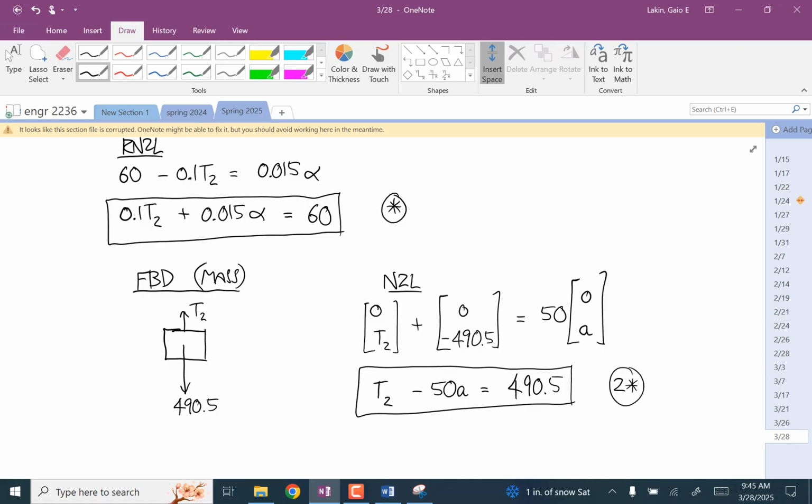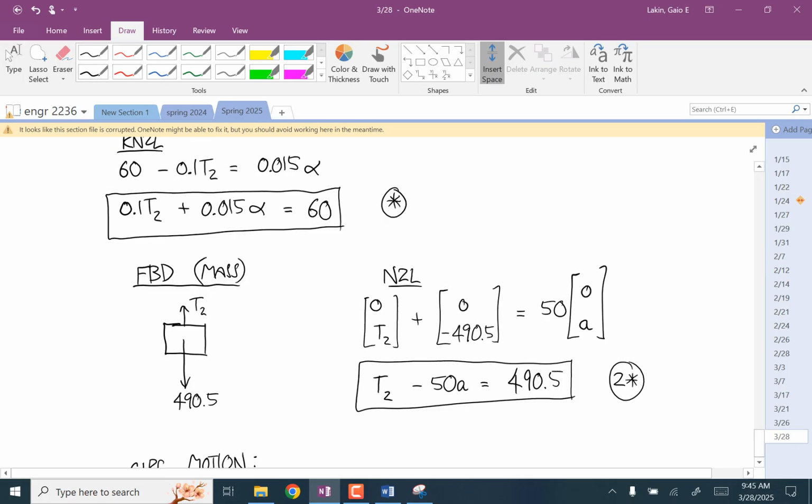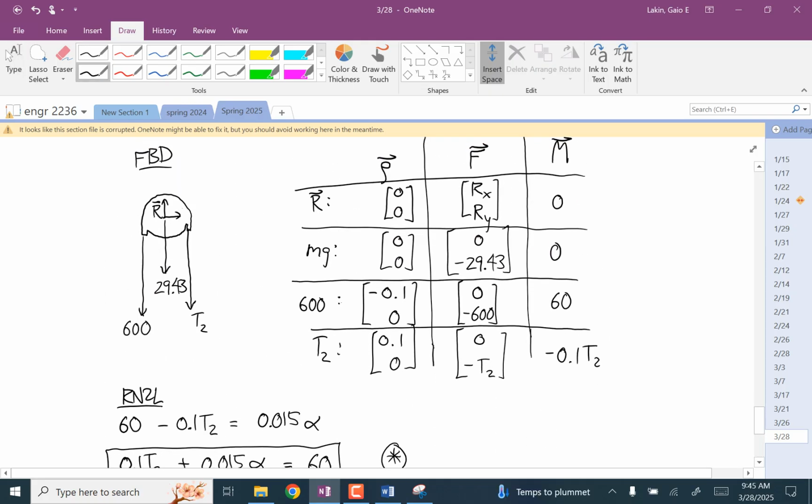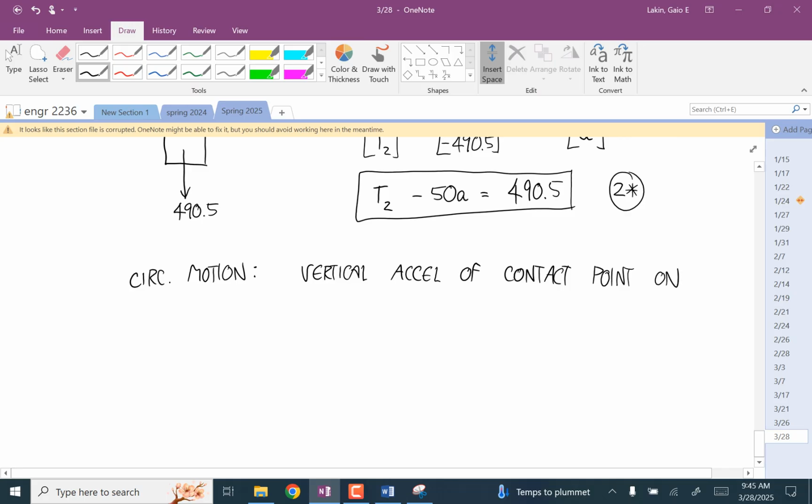But now we're going to use the circular motion equation. And we're going to say that the vertical acceleration of the contact point on the pulley is equal to that A vector.